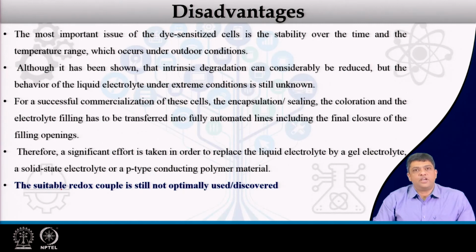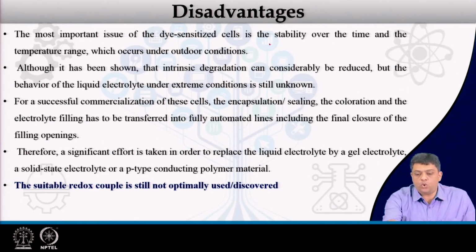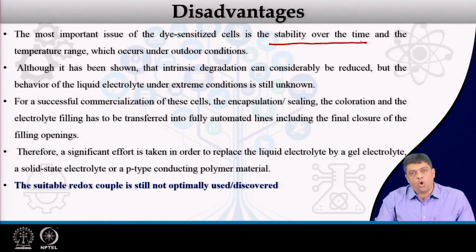The first one is how to ensure their stability over long time duration. Along with that, you also have to ensure that they can be operated in different temperature zones. So, you have to find ways to make these DSSCs work for long durations as well as in varying temperature conditions.